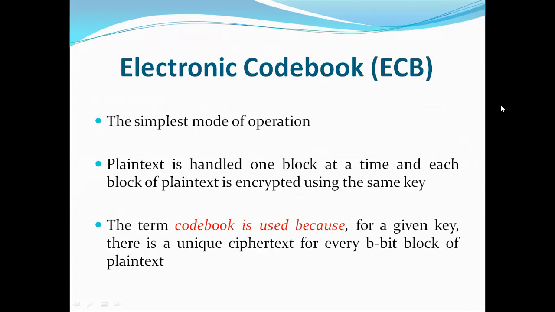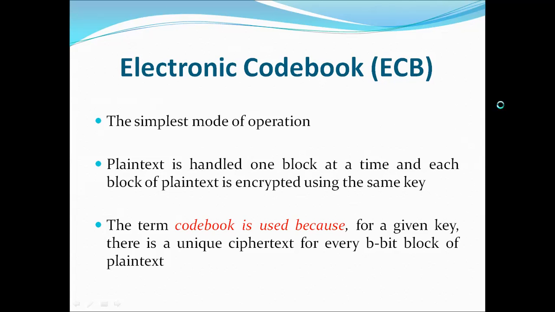Plain text here in ECB is handled one block at a time, and each block of plain text is encrypted using the same key. The term codebook is used because for a given key, there is only a unique ciphertext for every b-bit block of plain text.